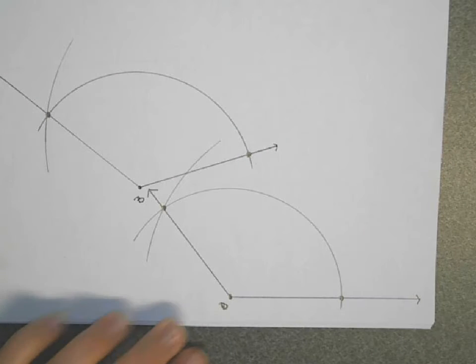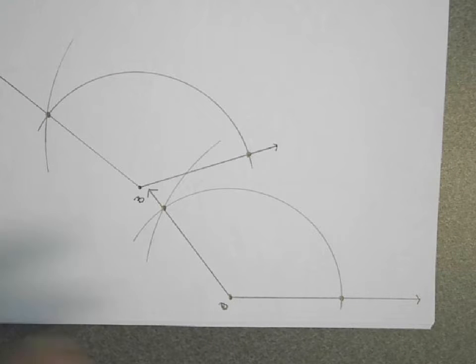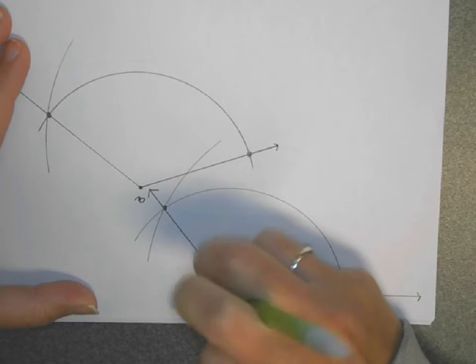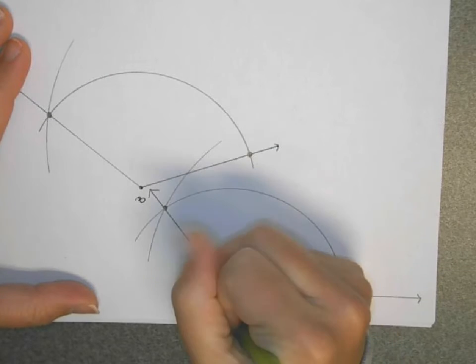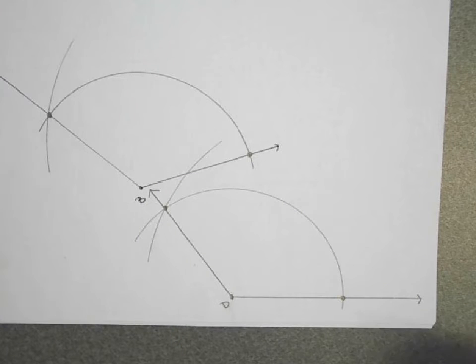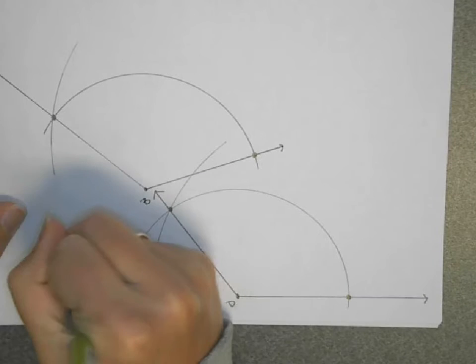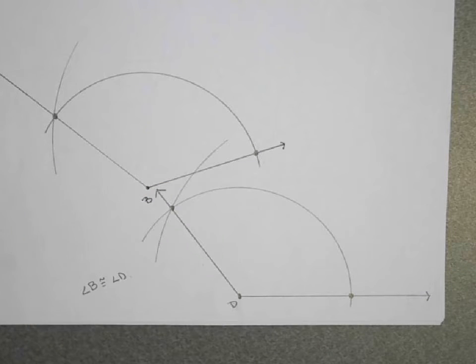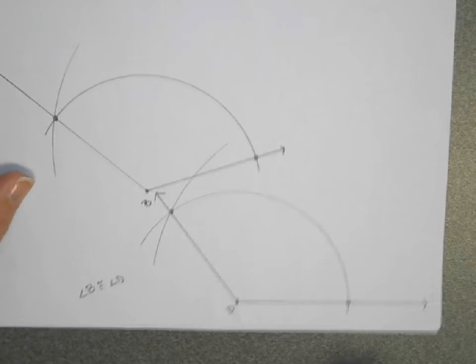And if you're going to be doing this online, it'll tell you exactly what to name your angles and which colors to put it in, so that I can obviously see what you did first, second, third, fourth, fifth, and so on. So I know that angle B is congruent to angle D. And that's our statement. So that is congruent angles.